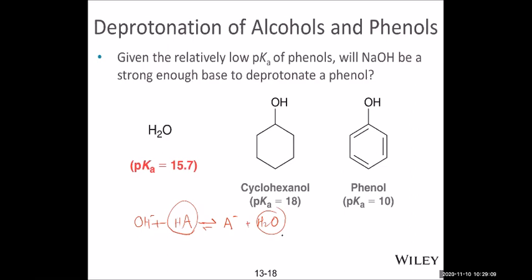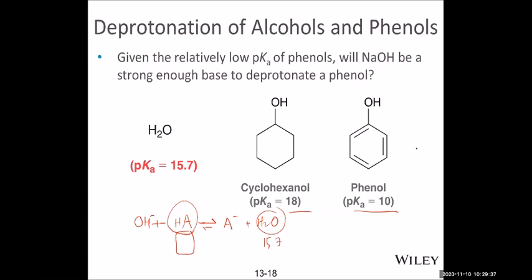The water pKa is 15.7. So depending on this acid, this HA has to be a stronger acid than water so that this equilibrium will shift to the right-hand side. Which means that this pKa must be smaller than the water's, 15.7. Between these two, you can see only the phenol gives us a smaller pKa, or stronger acid, than water.